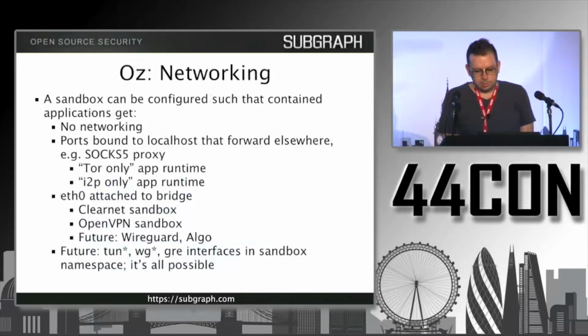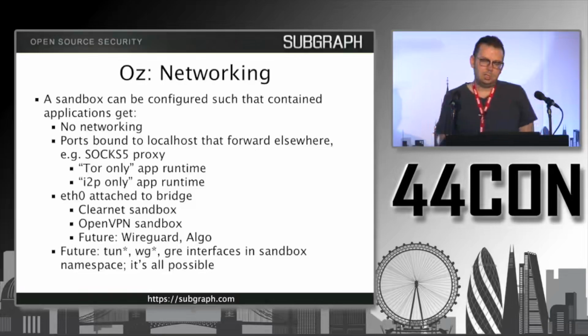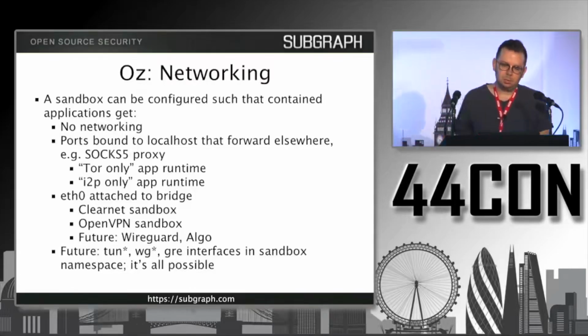So our sandbox offers complex, increasingly complex networking capability. It's a sandbox which can be configured, and the parameters are in a JSON file. You can tell it no networking. You can forward ports from inside the sandbox, ports that are bound. You can create listeners that are bound to localhost, and those can be forwarded to arbitrary ports.